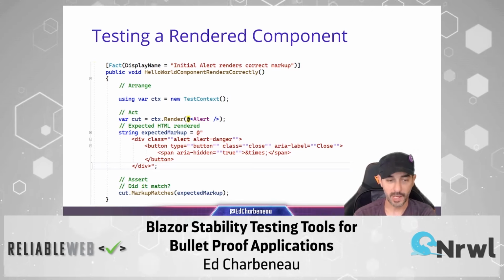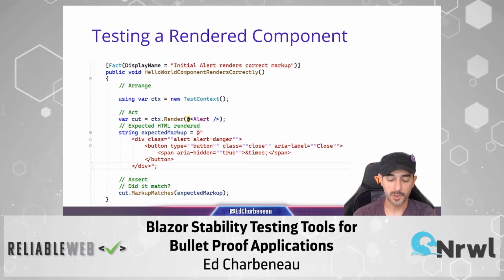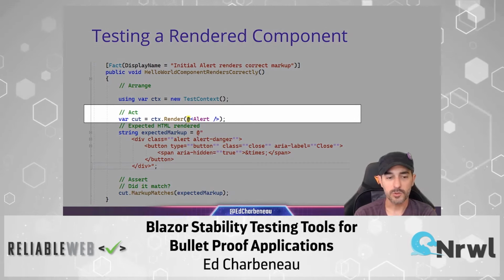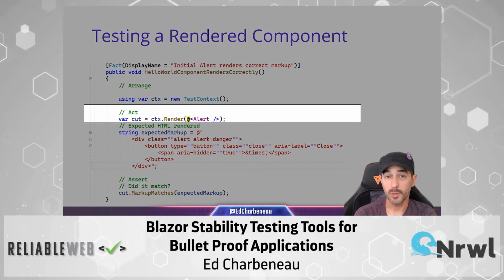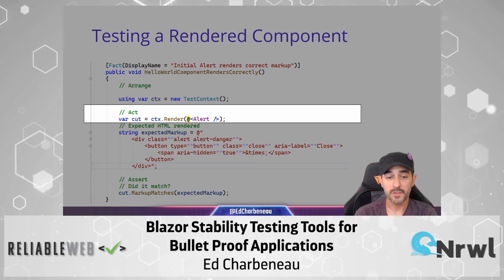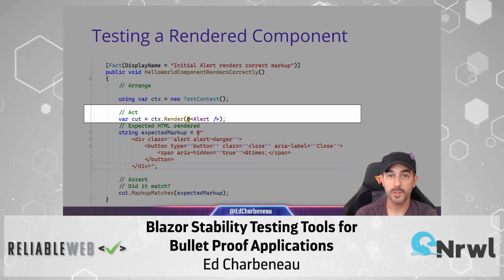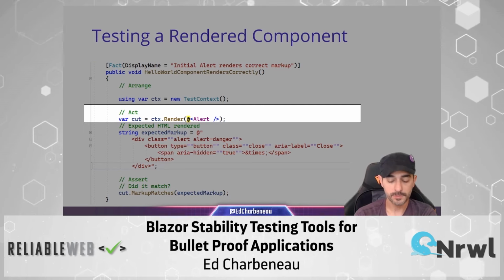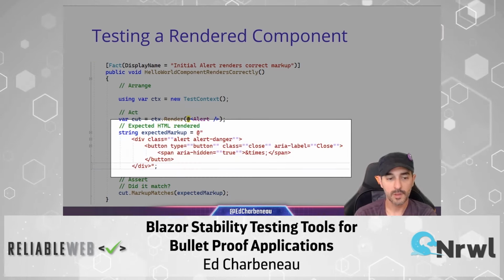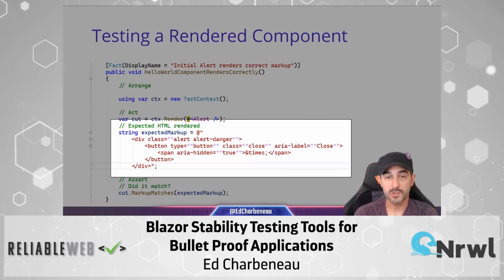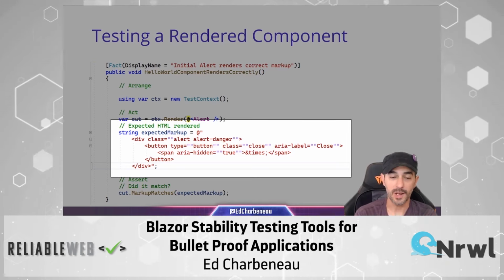So we have our fact attribute at the top and a proper name for the test. The next thing we'll do is render our component. And this is going to tell bunit to actually render the component just as it would within our application. We're going to set up our expectations for what this component should render as.